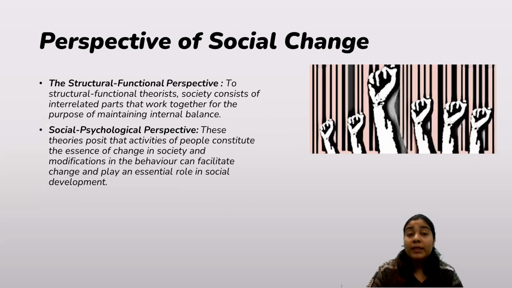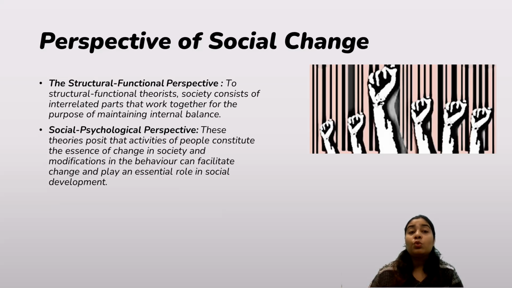So when these different parts come together, they try to maintain the internal balance of the society. Basically, they're saying that the function of the society is to work together and to maintain an equilibrium, and whatever change comes naturally to them will facilitate the way for social change, right?